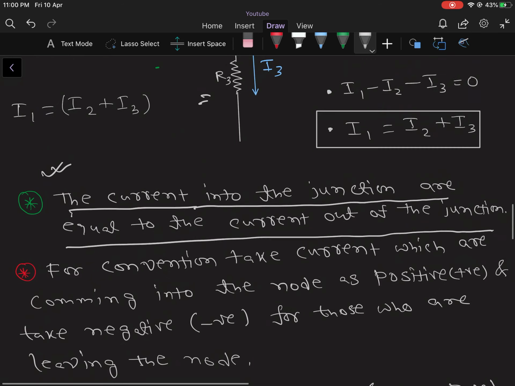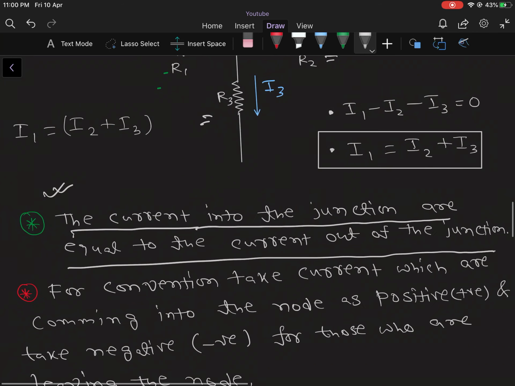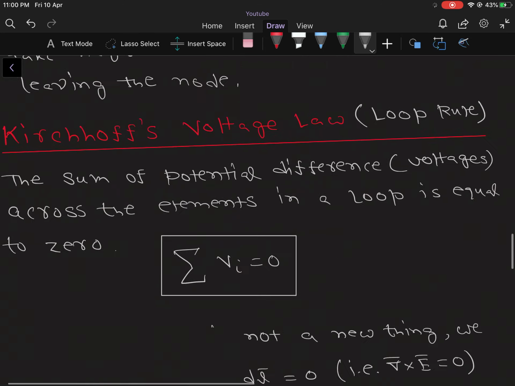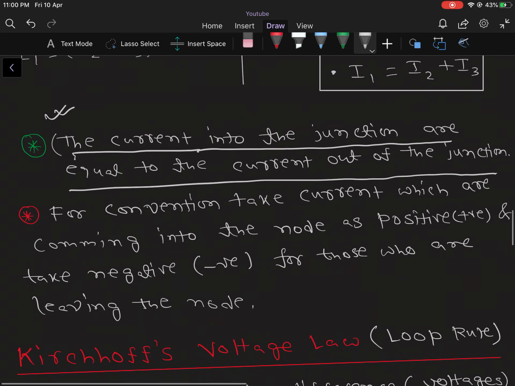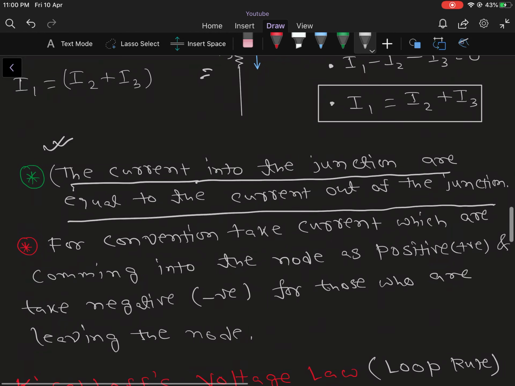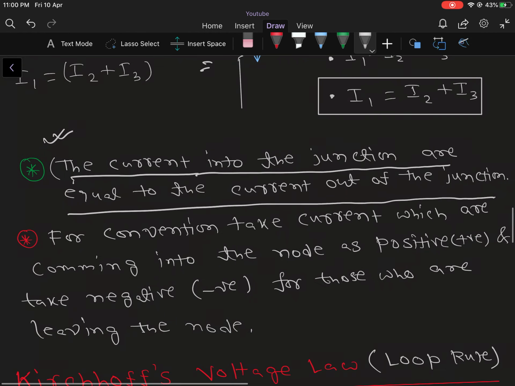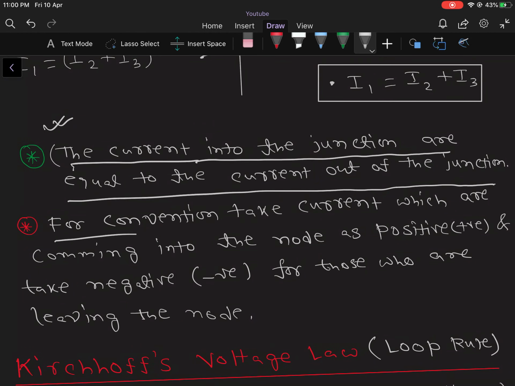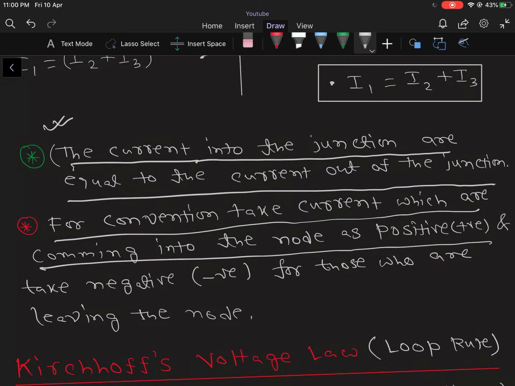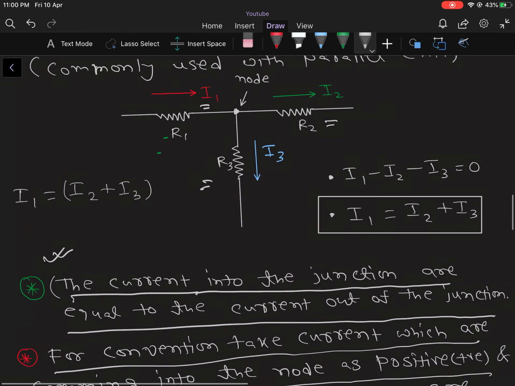Now we can take some convention. This statement already helped with how to take the current. Another convention is: take currents coming into the node as positive and take negative for those leaving the node.